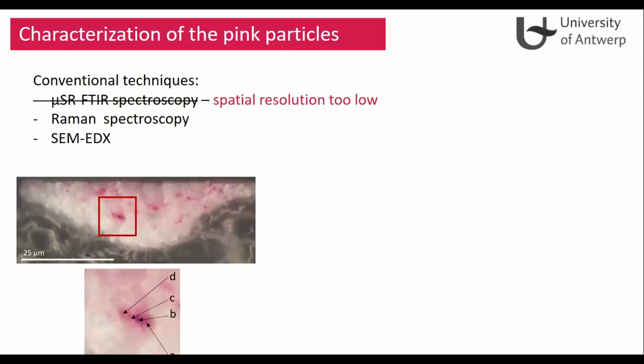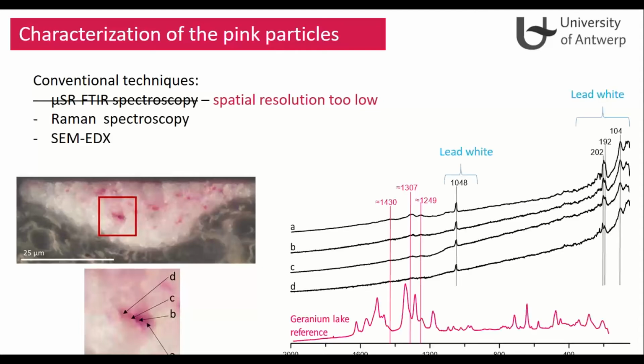For Raman spectroscopy, the equipment we are using has a 785 nanometer laser. We could analyze a spot of around 2 microns in diameter. So we took one of these big particles in the sample, and we obtained different spots across the particle. And in the spectra we obtained, indeed, we can see the bands of the lead white, which we know are related to the matrix, since we did the study I mentioned before.